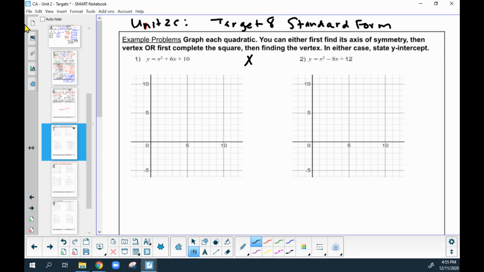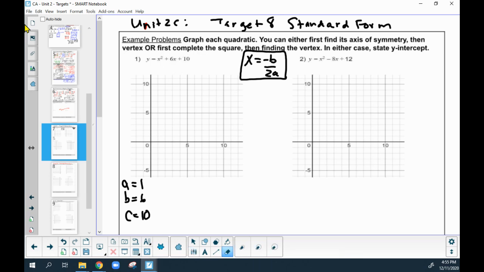So I'm going to put up here how to find that formula, and we're going to use that to get this done. So I'm going to first list my A is 1, my B is 6, my C is 10. Remember, I'm just looking at the numbers in this equation. And then I'm going to use that formula that I just stated.